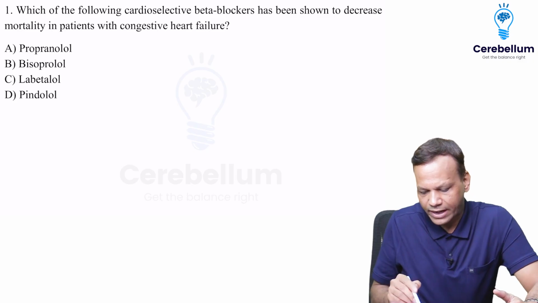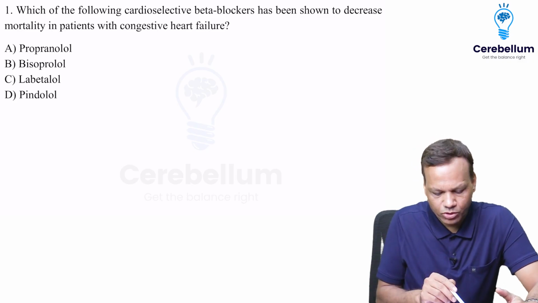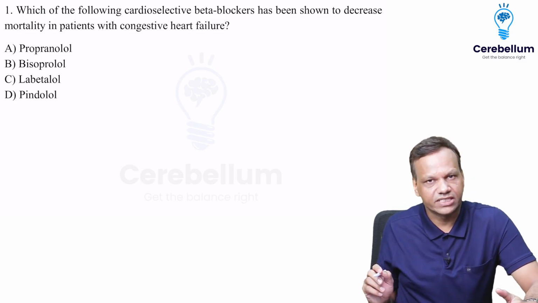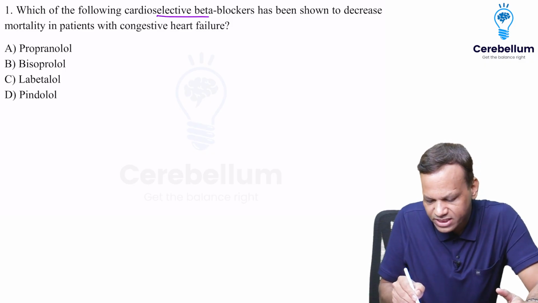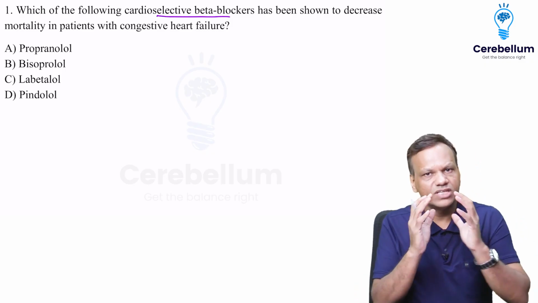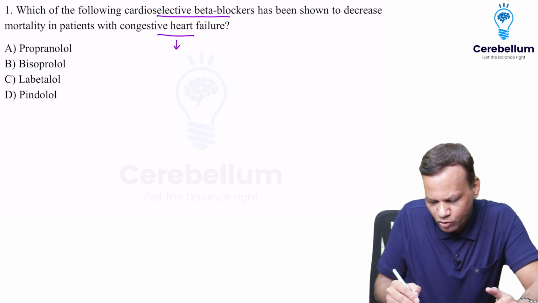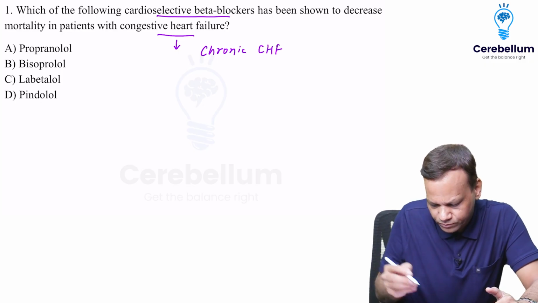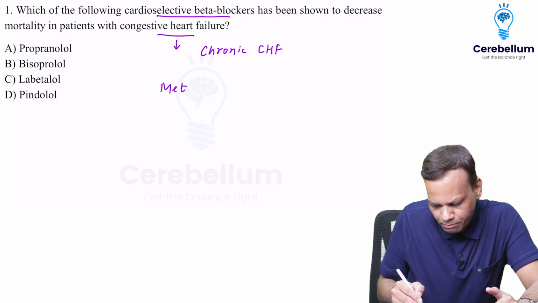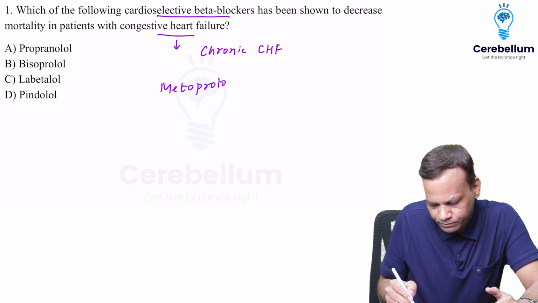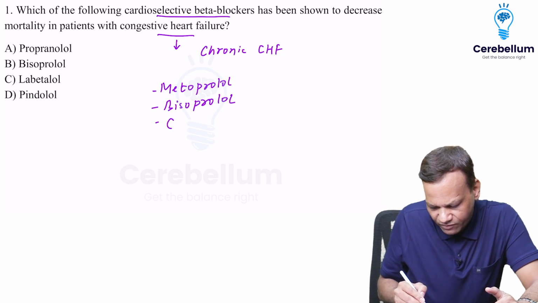Which of the following cardioselective beta blocker has been shown to decrease mortality in patients with CHF? So which beta blockers decrease mortality, they are asking. Remember which beta blockers are approved in congestive heart failure. They are approved only in chronic CHF. These include metoprolol, bisoprolol and carvedilol.